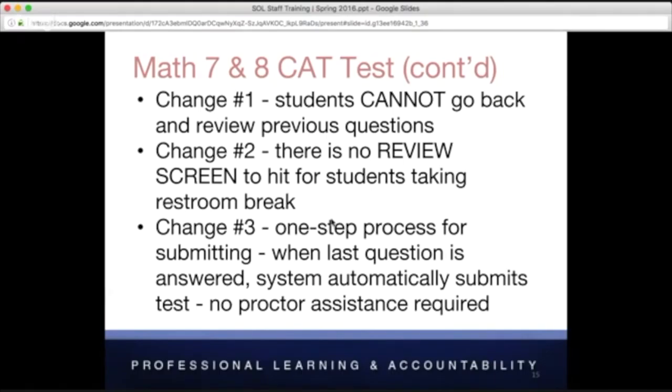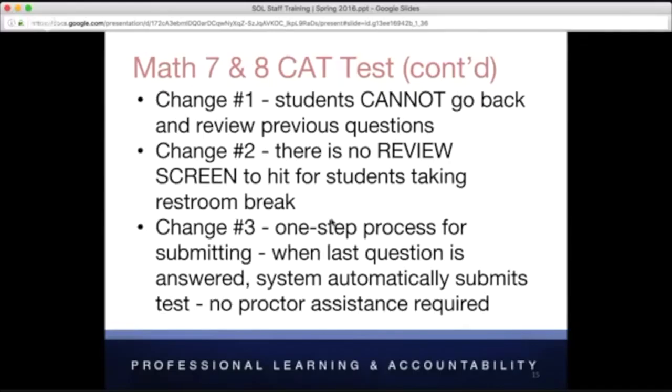It doesn't really matter for the students sitting next to them because everyone's going to get a somewhat different test because it's all based on how they've been answering, whether or not they've been getting the answers right or wrong. So not everyone is going to have the same form of the test. So what we'll do when a student needs to take a break, you'll just have them go to the next question and do not answer it.